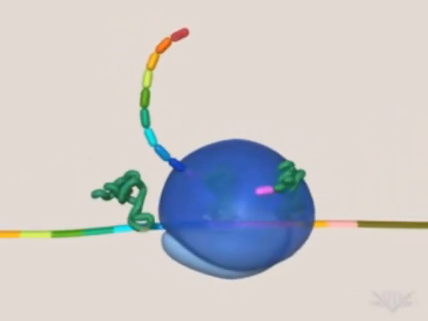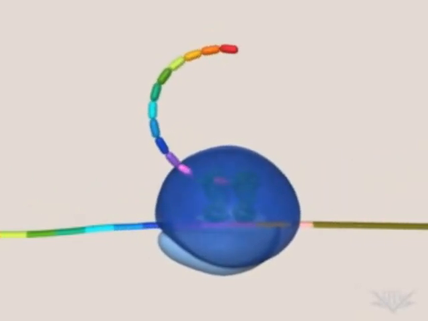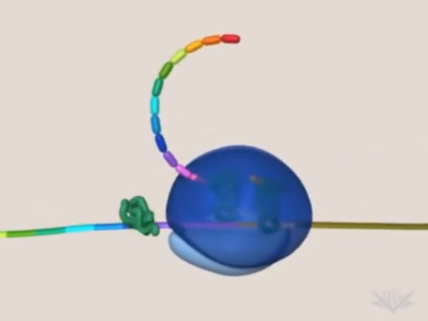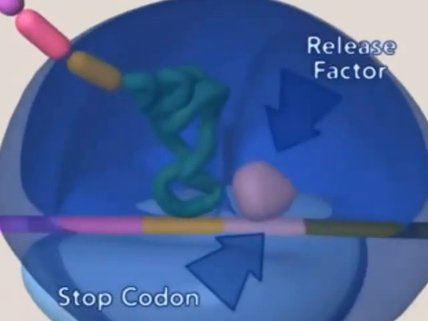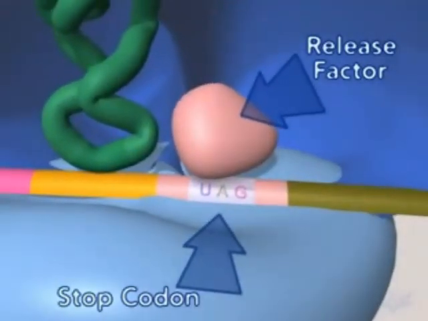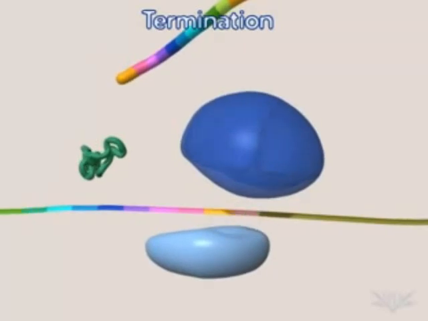The process will continue until a stop codon is encountered. This is usually UAG. A release factor enters and the elongation is terminated. The ribosomes dissociate and the protein is released.